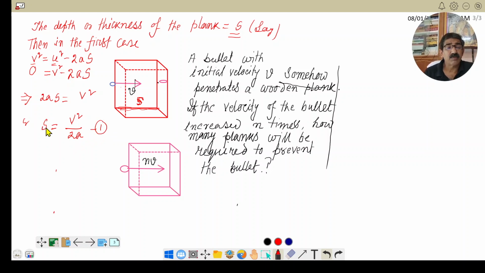So the thickness of a single plank is given in terms of velocity and deceleration, where deceleration is equal to a.